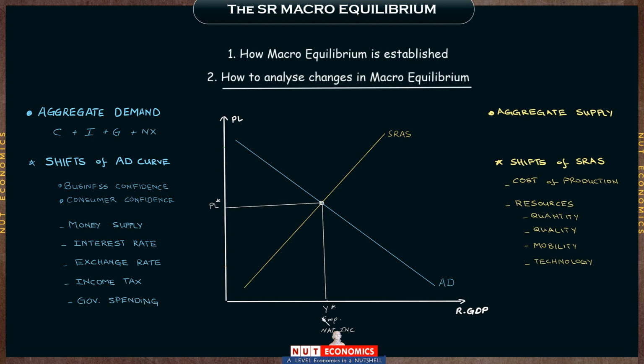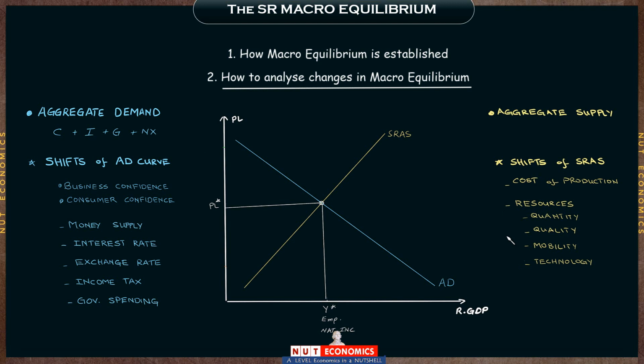Now, changes in macroeconomic conditions simply mean changes in the households' confidence, changes in investor confidence, changes in key macro variables such as interest rates or exchange rates or money supply, or changes in the country's cost of production, changes in the price of oil, or changes in the country's quantity or quality of resources. These are all the things that change macroeconomic conditions.